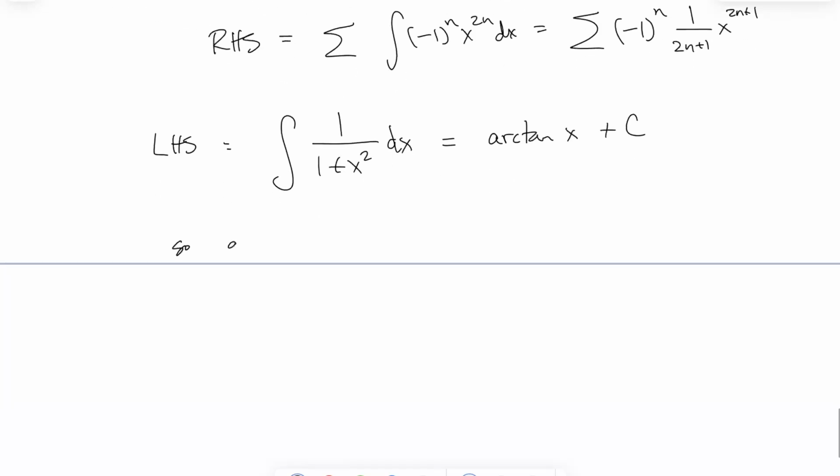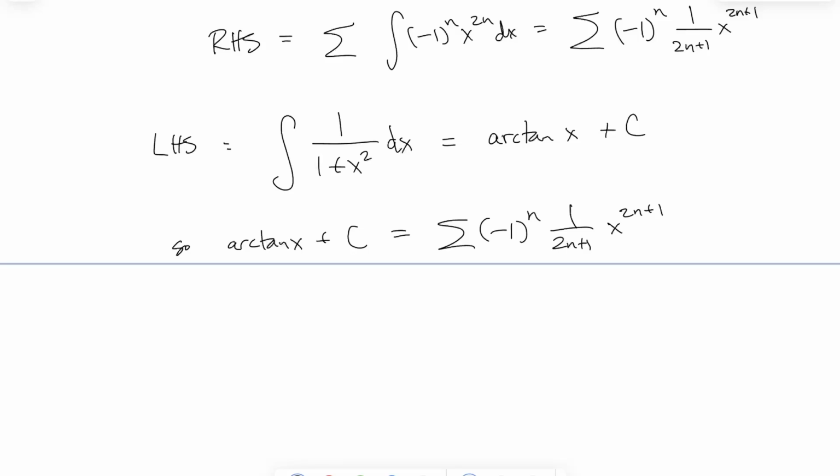Now I do need to talk about what the c is. But anyway, arctan of x has the series the sum of minus 1 to the n, 1 over 2n plus 1, x to the 2n plus 1. And again, I'm going to solve for the c by plugging in a specific convenient value for x.